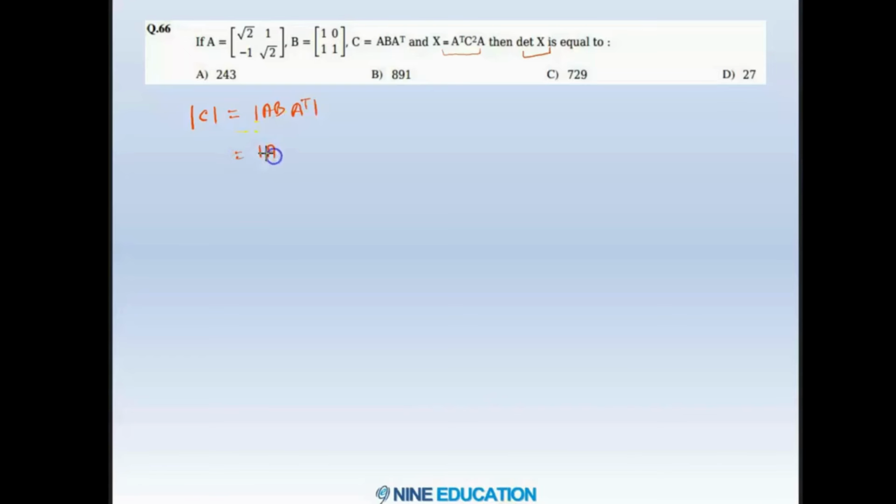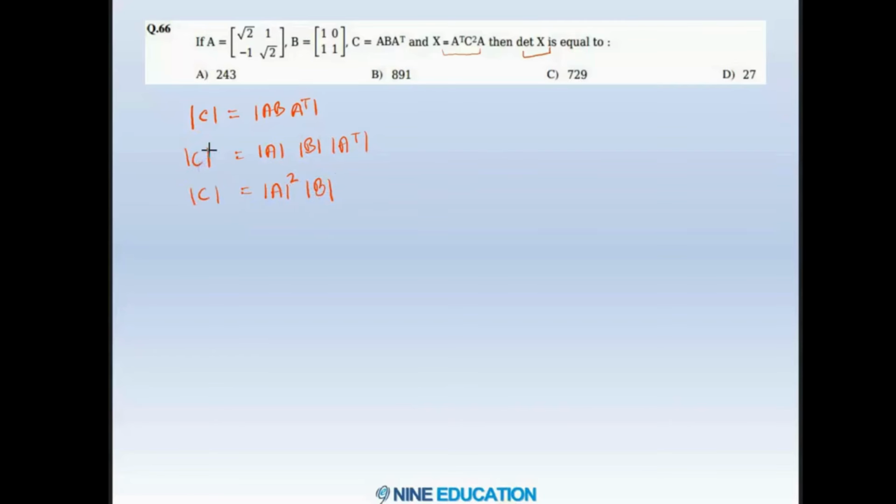Then I can write this as determinant of A into determinant of B into determinant of A transpose, since the order of both matrices A and B is the same. Now the determinant of A transpose is also equal to the determinant of A itself, so I can write determinant of A square into B.